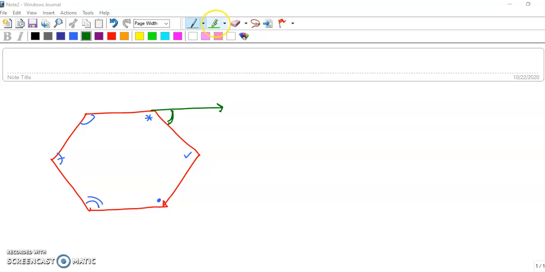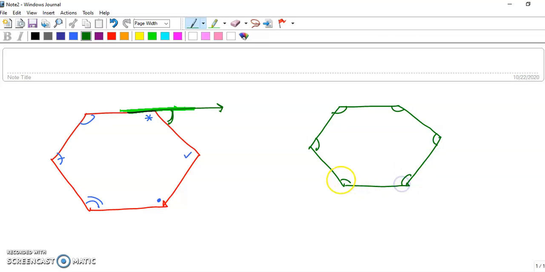So what should we know about an interior and an exterior? They're a linear pair, so they should add up to 180. If my hexagon happens to be regular, which means all of these are the same size, then all of the exteriors are the same size too.